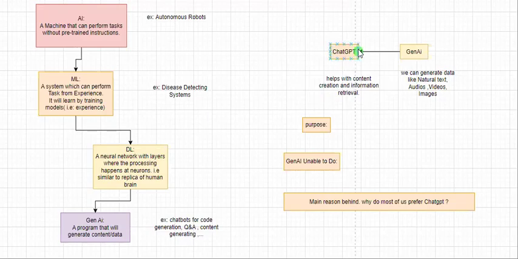Since this ChatGPT focuses on human language, that is text only, right? So as a human, if I provide any text data as a question to this ChatGPT, it will generate an answer for that question. It will generate a script or content for that question.